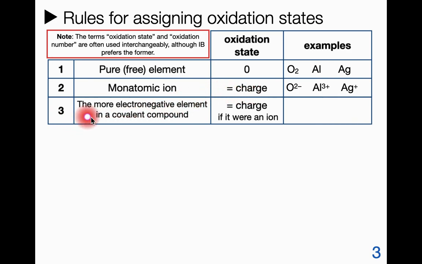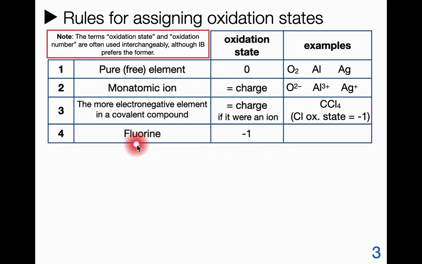Rule 3, the more electronegative element in a covalent compound will have the oxidation state equal to the charge it would have if it were an ion. So for example, carbon tetrachloride. Chlorine is more electronegative than carbon. So we simply need to say, okay, well, what charge does chlorine have when it's an ion? Well, it has a -1 charge. So it has, therefore, an oxidation state of -1.